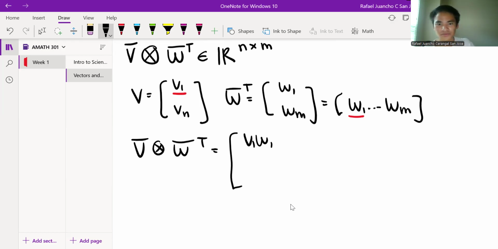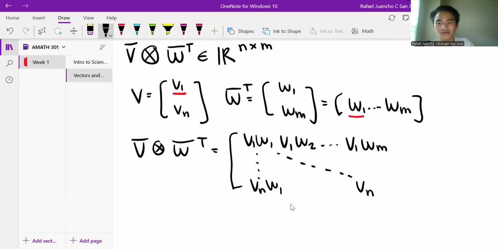I'm going to look at 2, but I'm still in V1. So V1, W2. Then I'm going to continue until I reach V1, WM. And then here I'm going to continue until I reach Vn, W1. Then if I slide all the way here, this is Vn, WM. Okay. Because this is the one I transposed.